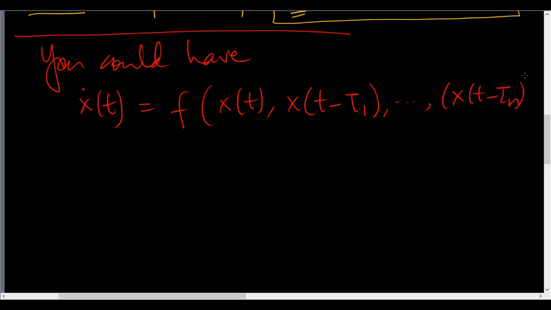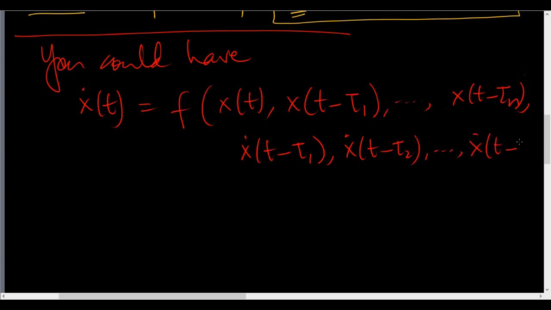So all these delayed variables, there's that, but also x dot at t minus tau 1, x dot at t minus tau 2, and so on, t minus tau n, and then t itself.